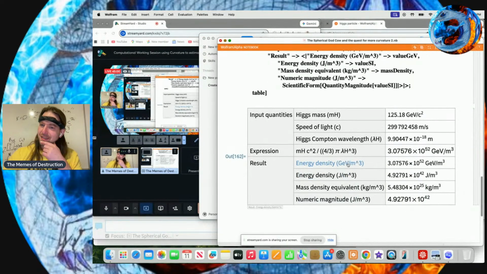So, let's see. What do we want? We just want... Those are just input quantities, energy density, mass. Okay. Speed of light. Okay, so that's just mass times c squared, but over there's pi, constant wavelength. Okay.